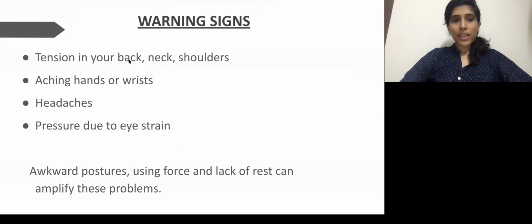So what are the warning signs? If you feel tension in your back, neck, and shoulder, aching in the hand and wrist, headache, or pressure due to eye strain, then awkward posture, using force, or lack of rest can amplify these problems.